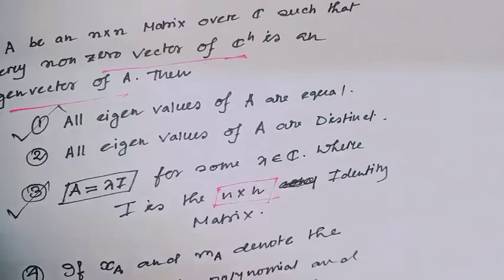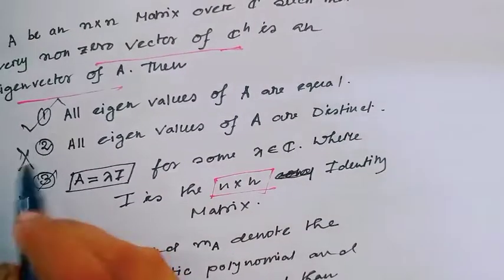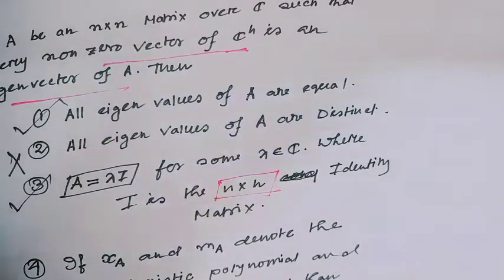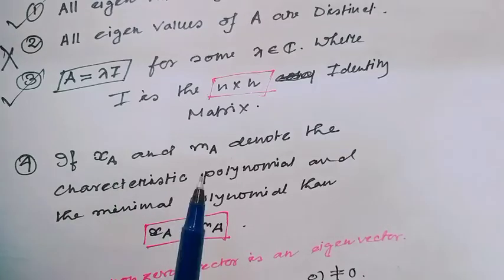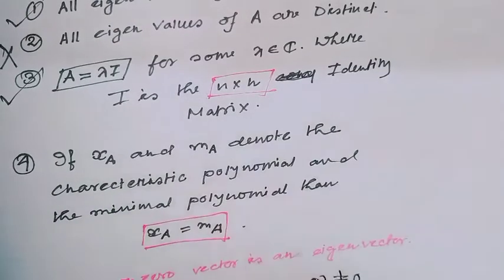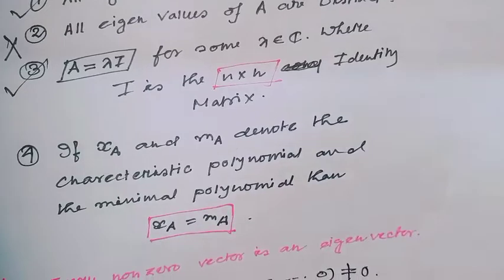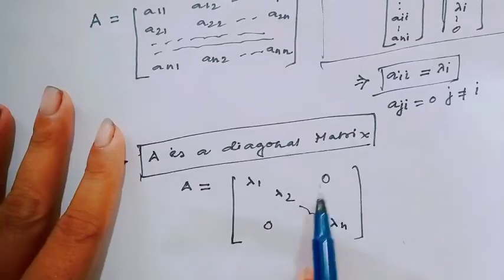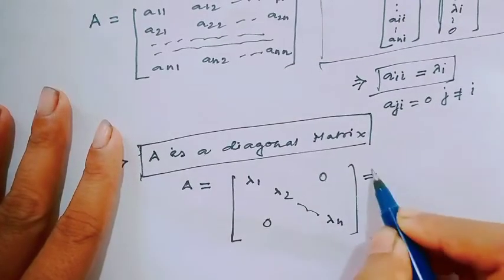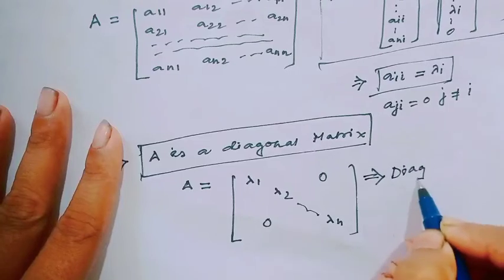And option 2 says all eigenvalues of A are distinct. This is the wrong option because here every non-zero vector of Cn is an eigenvector. This implies all eigenvalues are always equal. Option 4 indicates if chi A and m A denote the characteristic polynomial and minimal polynomial, then always chi A equals m A. Okay? For this, A is a diagonal matrix. That means obviously A is diagonalizable.